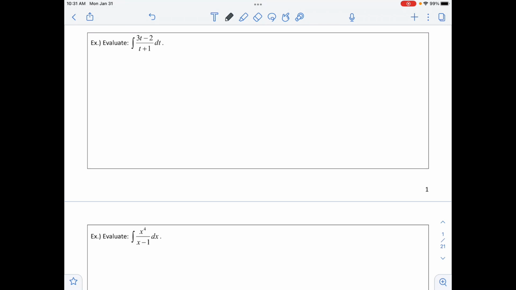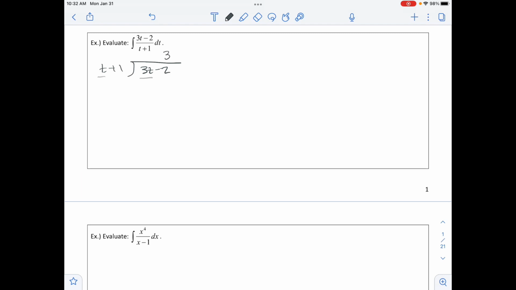The first thing to note is that the degree in the numerator is equal to the degree in the denominator. So it says to go ahead and try long division.